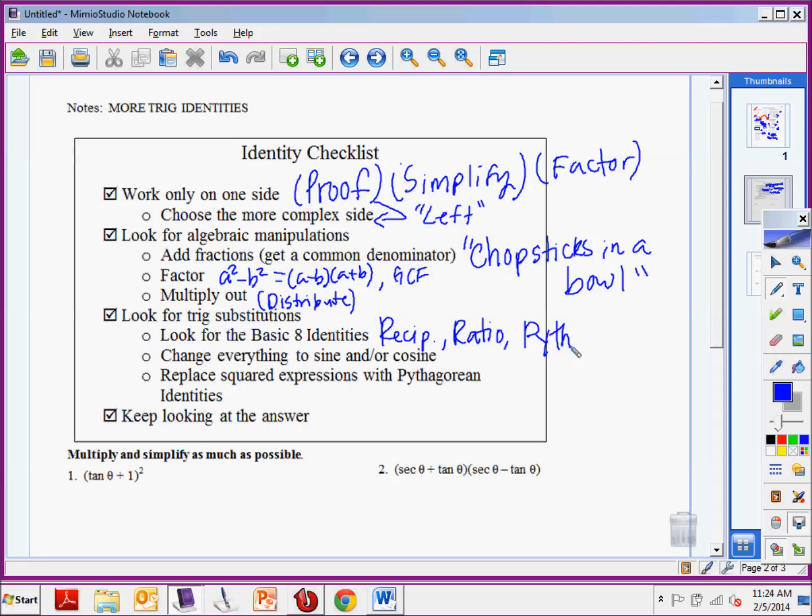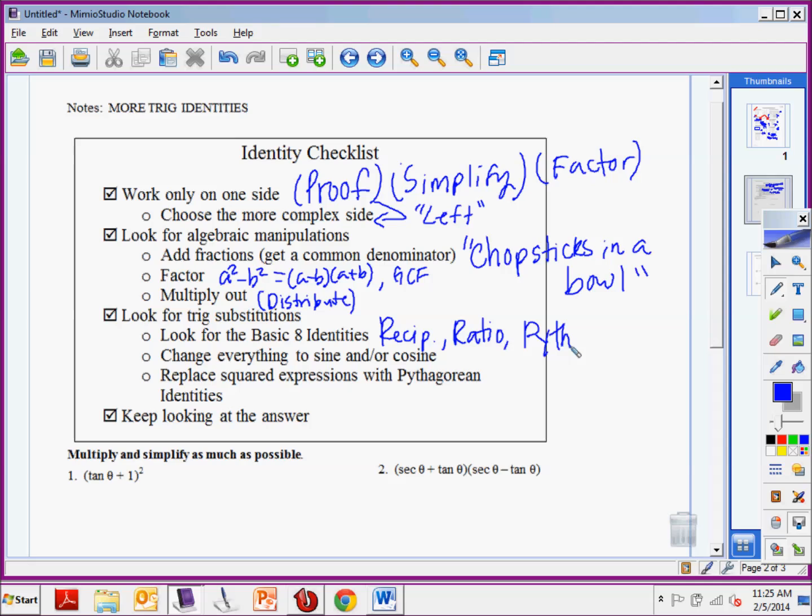And then the next thing is, if nothing can happen after you've done that, change everything into terms of sine and or cosine. What you guys keep trying to do and making yourself work harder is the very first thing you do is make everything sine and cosine. Okay, that's making the problem harder for you.